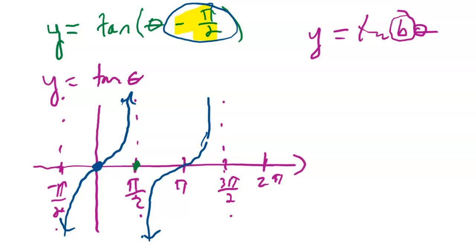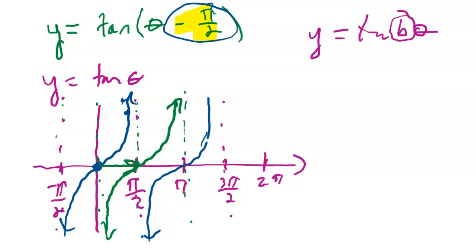And this point here is also going to move pi over 2 like this. Basically, my vertical asymptote is also going to move pi over 2. This vertical asymptote is also going to move pi over 2. Then we get a graph that looks like this. And if you notice, the shift is pi over 2 to the right.